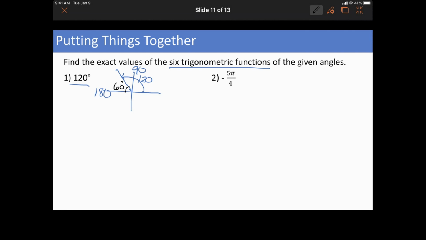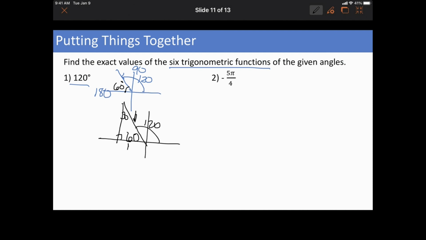Now I'm going to blow it up a little bit because I didn't make it big enough. All right, so here's 60. Here's 120. So knowing what we know, on the unit circle, when we get here, we know the radius is 1. We know that this is going to be the short leg.